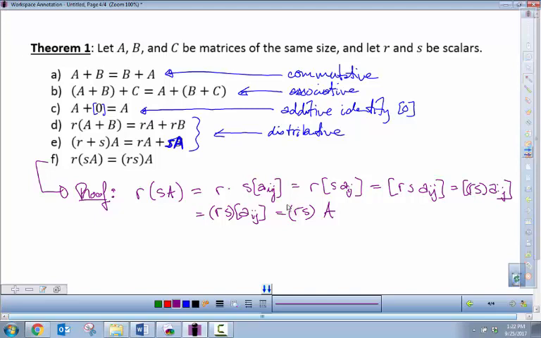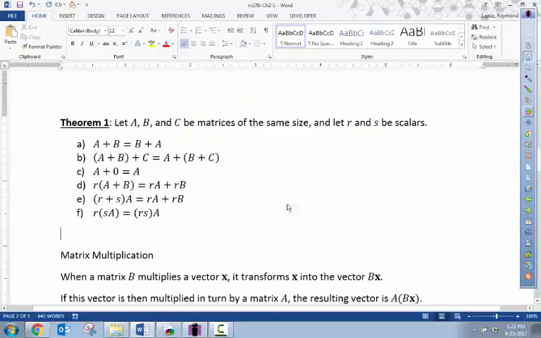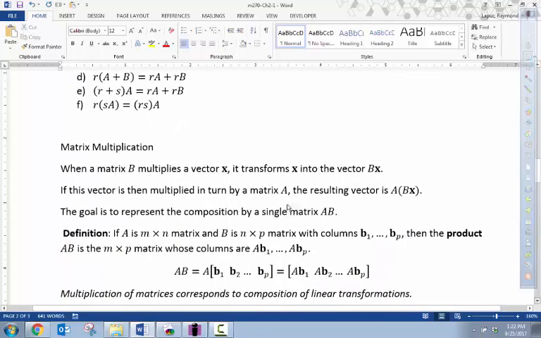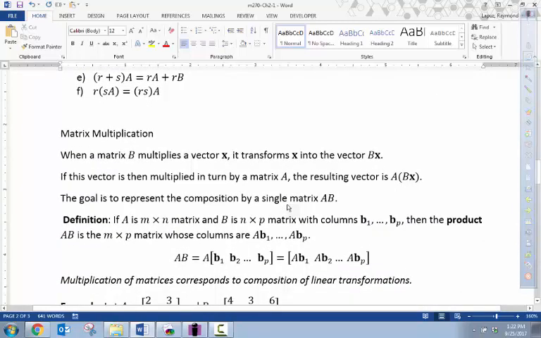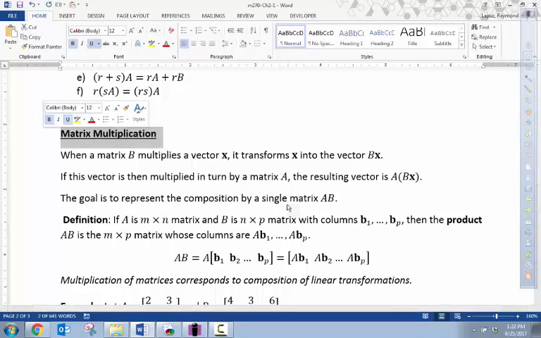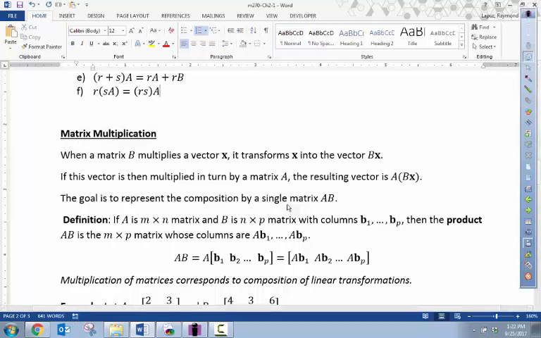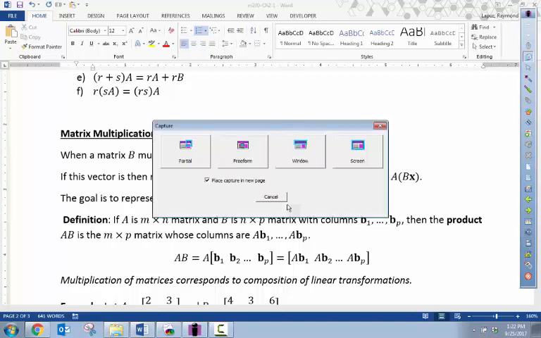All right, let's move on now. So we got addition and scalar multiplication. The next thing is matrix multiplication. So let's take a look at matrix multiplication. Now the definition of matrix multiplication is kind of weird, and this is not the way I've normally defined matrix multiplication in the past.